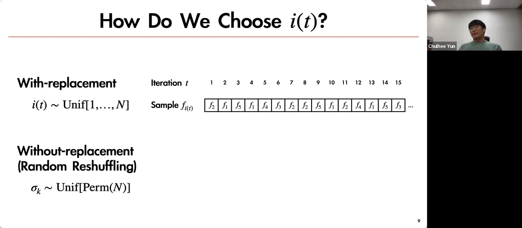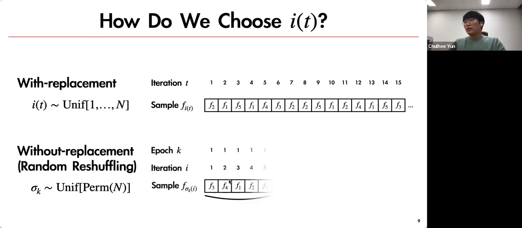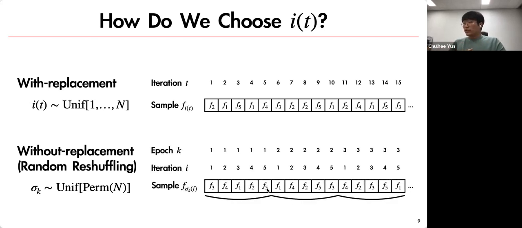In without replacement sampling, we choose a permutation of the n indices uniformly, and we use this chosen order to access the component functions and compute their gradients in a sequential manner. Let me show you an illustration. We have 5 indices, so n is equal to 5 here.